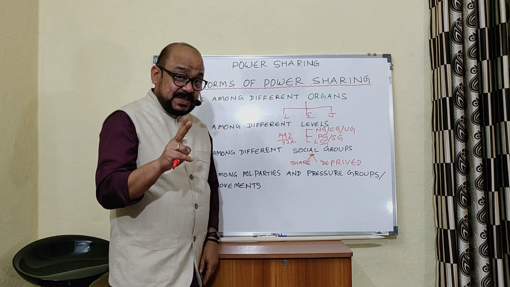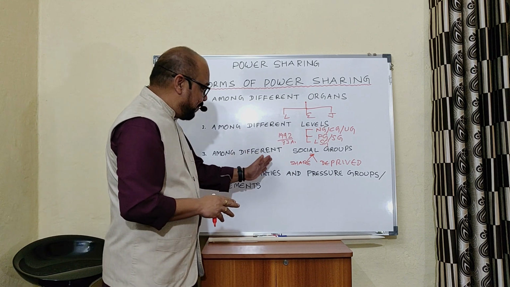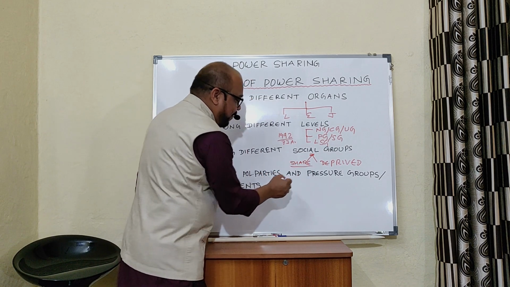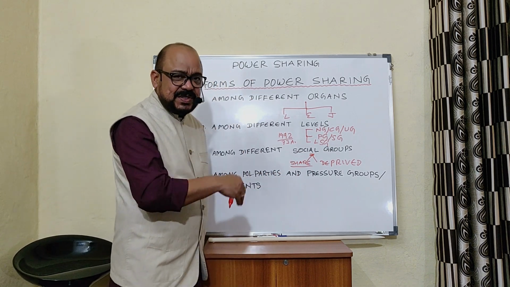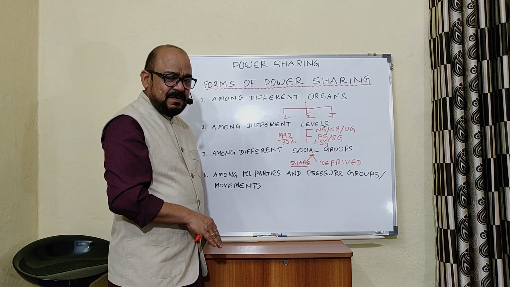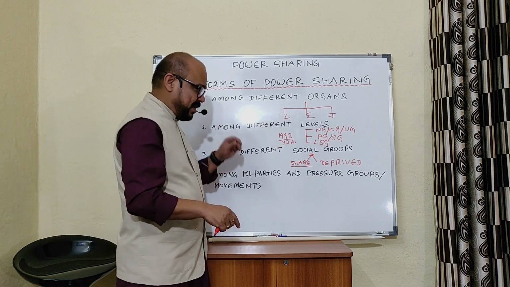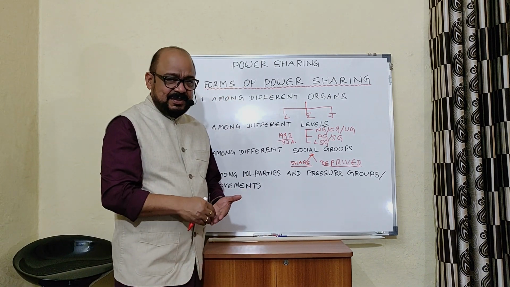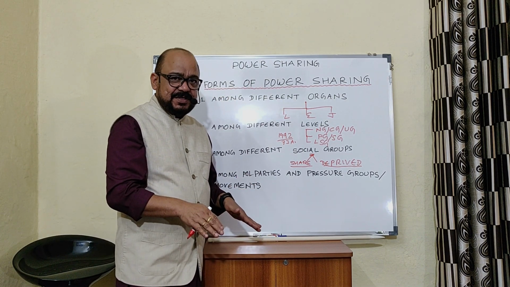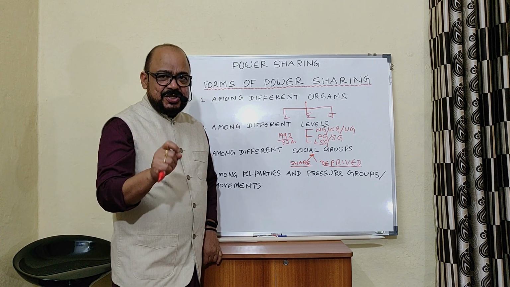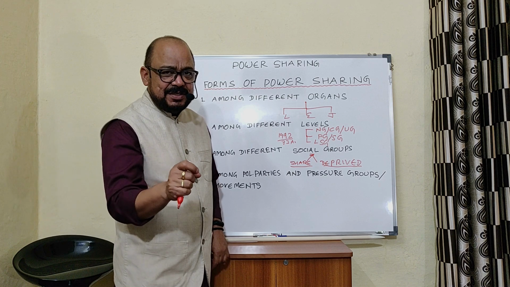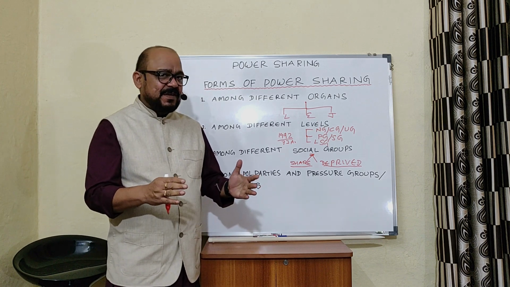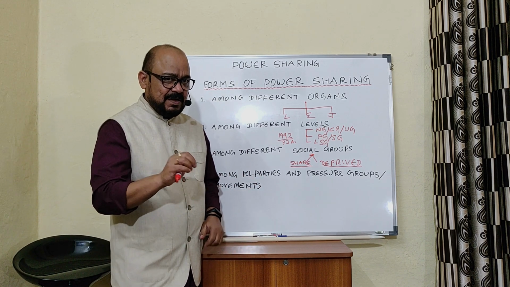Number one, to allow them to share power and participate with a very fair kind of power sharing, and to make them feel that they have not been deprived of opportunities in jobs, education and other fields, right? So this is about power sharing among different social groups. Hope all of you have understood.